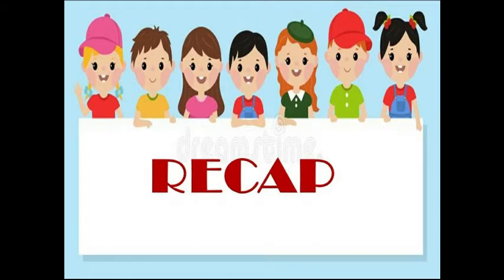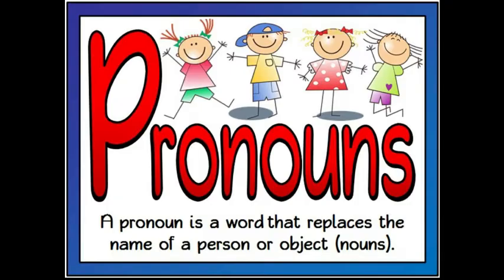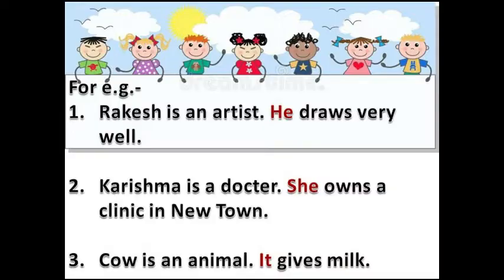So let us start. Pronoun is a word that replaces the names of a person or object. Or we can say pronoun is a word used in the place of a noun. For example, Rakesh is an artist. He draws very well. Next, Karishma is a doctor.